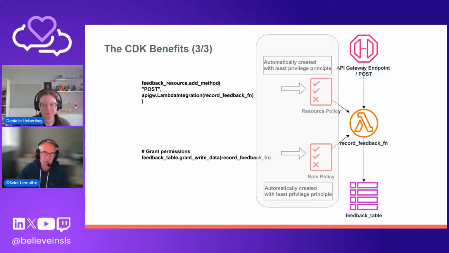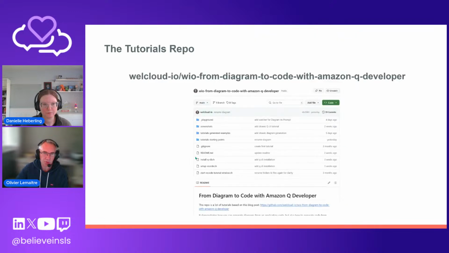So this was the main reason why I use the CDK. And that works well, again, with the demos that I will show you. So now we're going to go into the demos, okay? And I will use a repo, sorry, that I created in GitHub.